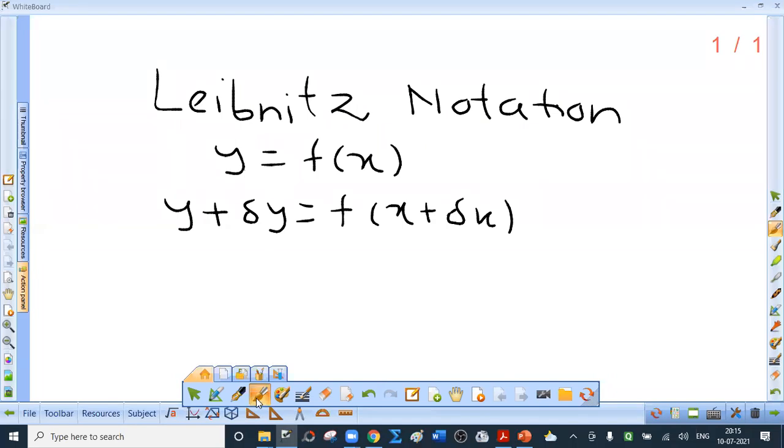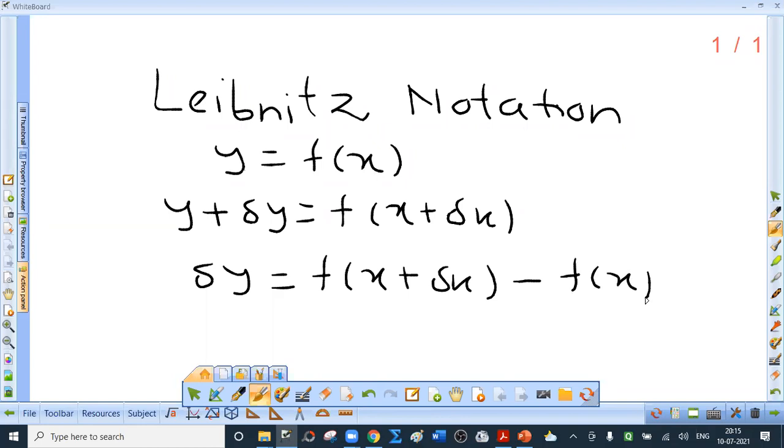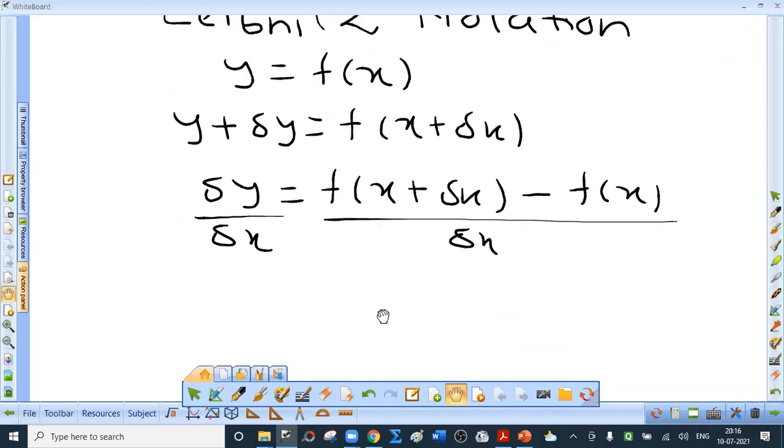Okay. Now from this, tell me what is delta y? Delta y will be f of x plus delta x minus y. Bring this term to the RHS. I hope you get this. But what is y? Instead of writing minus y, I will write minus f of x. Why? Because y is given to be f of x. Next step is important. Divide both sides by delta x. Is division allowed? Yes, because delta x is a small change. It is not zero. It only tends to zero.